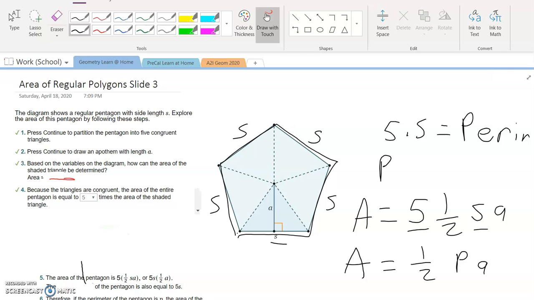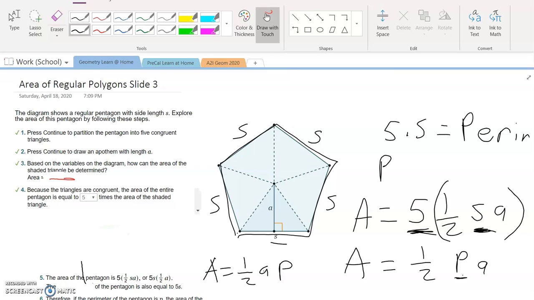The P just replaced these two right here because 5 times the side is the perimeter. The A is still there for apothem, and obviously the 1/2 was there. So this is 5 times the area of a triangle. If we take the 5 and the S right here, that gives us perimeter, so we get 1/2 perimeter times apothem, or you could write it as area equals 1/2 apothem times perimeter of the regular polygon.